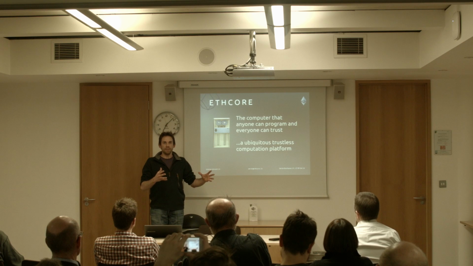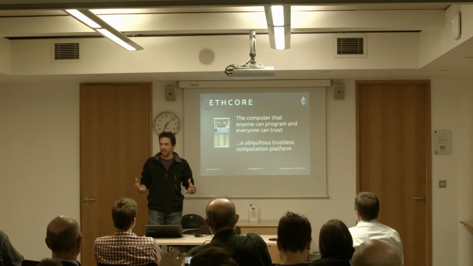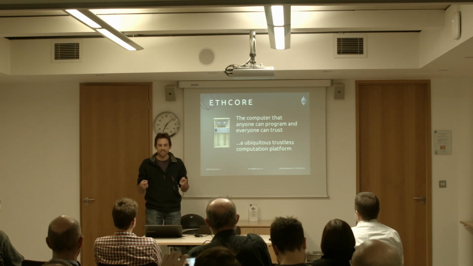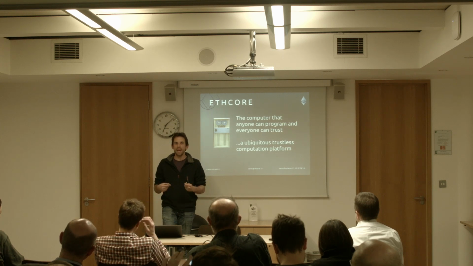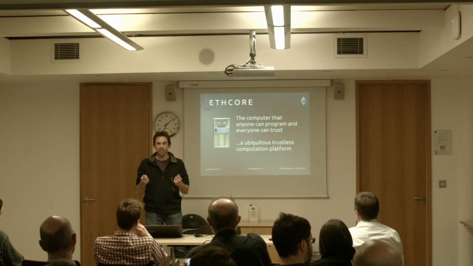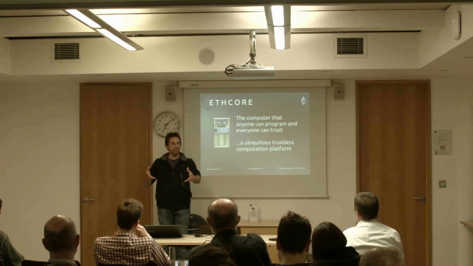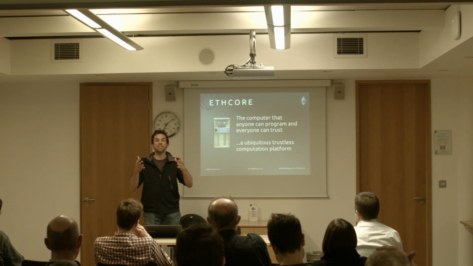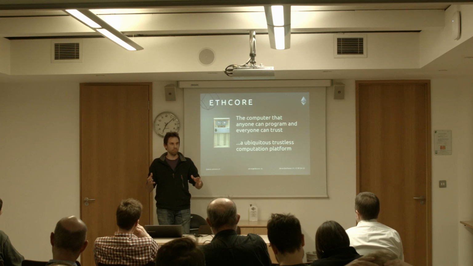So this computer is a virtual computer. You can access it from anywhere that you have an internet connection, and it has a processor. It can do computation, and anyone can write a program for this computer and upload it, and anyone can ask for that computation, that executable, if you will, to be run.